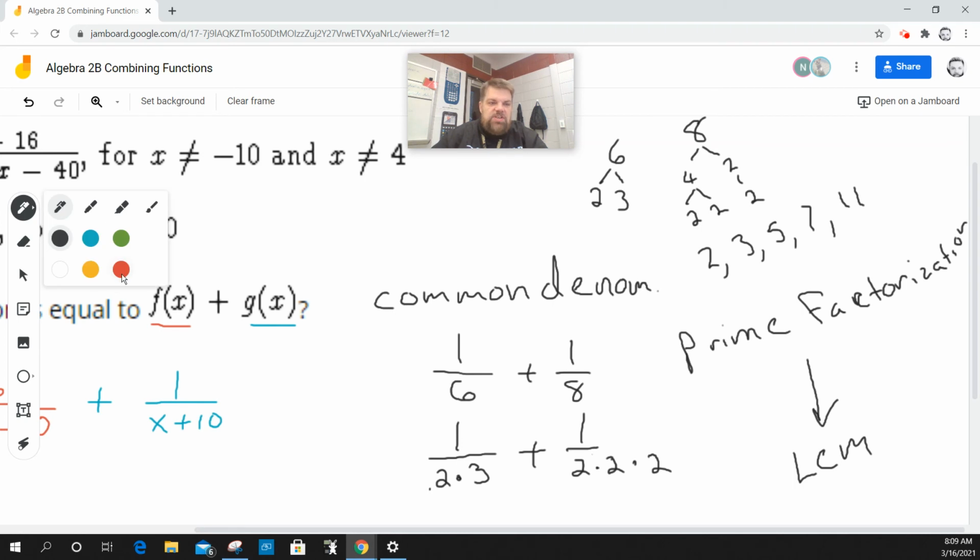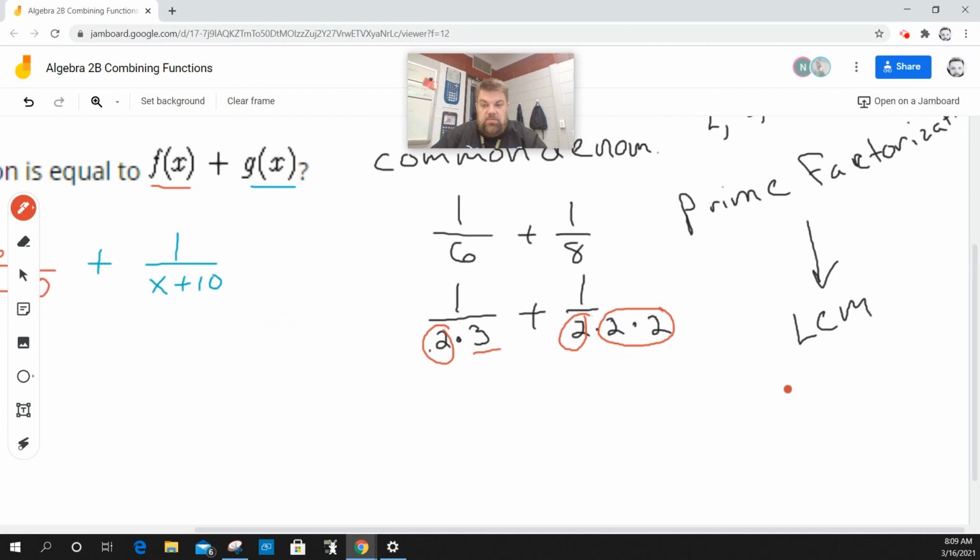In other words, they both share a 2, right? But this has a 3, and this has a 2 squared. So what are they sharing? Well, they're sharing a 2, but this one is missing a 3, and this one is missing a 2 times 2, which is really a 4.